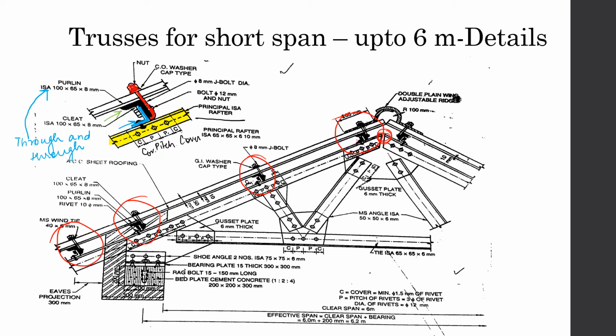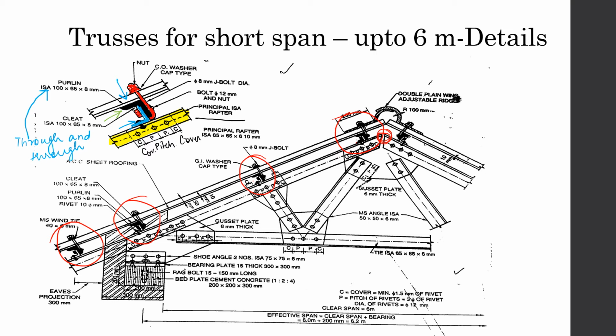So there are two sets of bolts. One is the J bolt, which is fixing the covering member with the principal rafter, the cleat and the purlin. And there is a screw here, as you can see, I am pointing this out in red again.